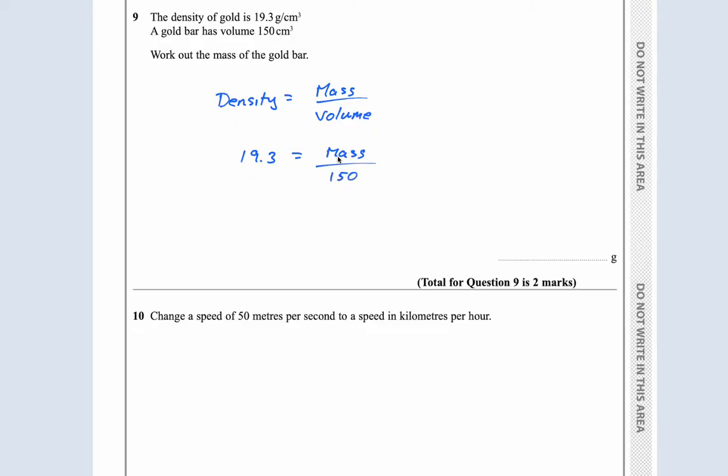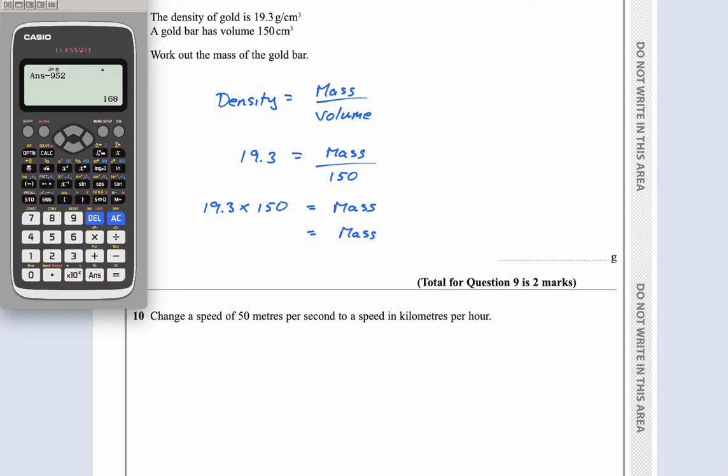So how do I get the mass? All I have to do is multiply this by this. So mass is equal to 19.3 times 150, which is 2895. Yes, that is correct.